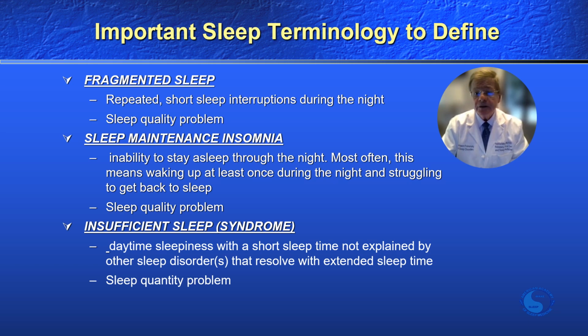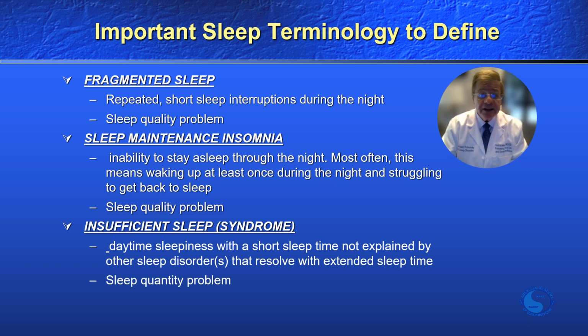The term insufficient sleep relates to a short sleep time without significant sleep fragmentation that is not due to other sleep disorders, and it gets better with extended sleep time opportunity. Fragmented sleep and sleep maintenance insomnia are both problems derived from poor sleep quality. Insufficient sleep syndrome is a quantity problem and is usually behaviorally induced.